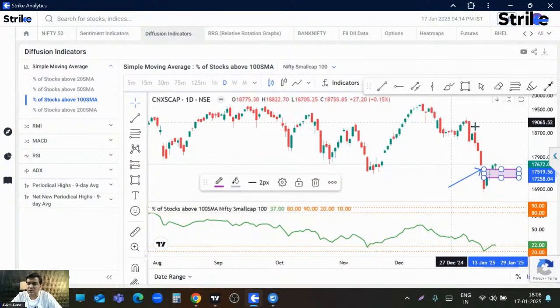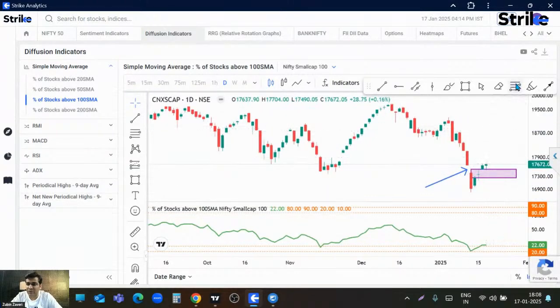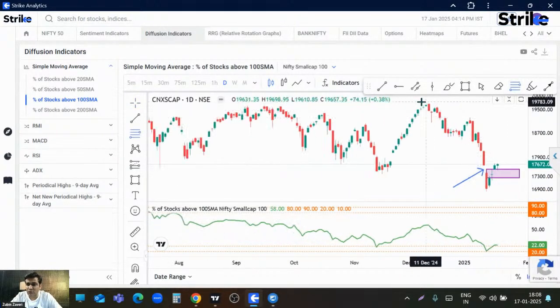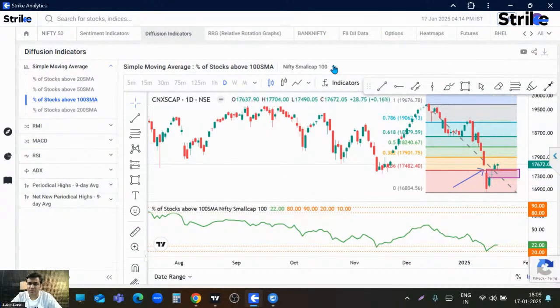Like we find Fibonacci supports, we can find Fibonacci resistance. So from the top to the bottom, if we draw, then 50% and 61.8% is somewhere around these levels, 18,200 and 18,500 levels. So immediate 17,900 will be the resistance for small cap index.